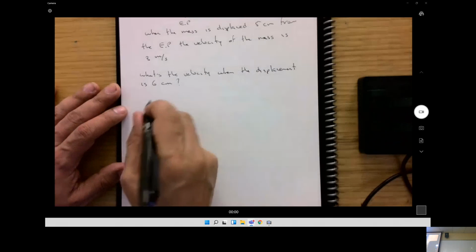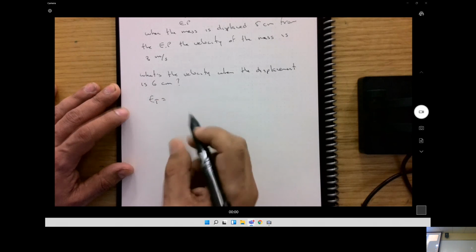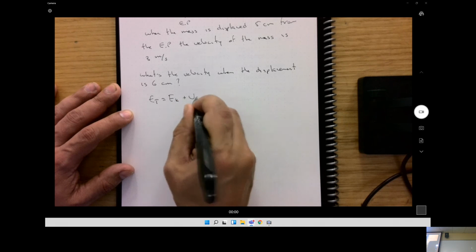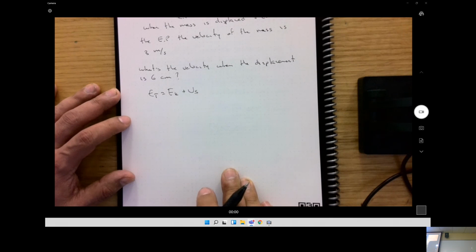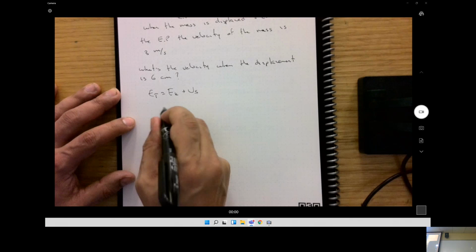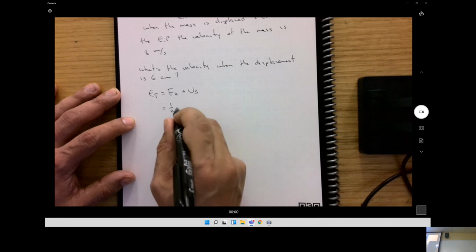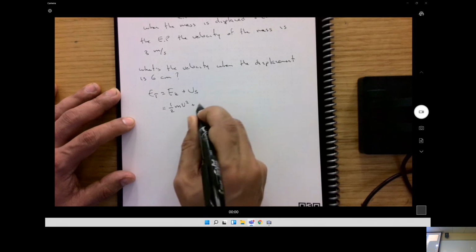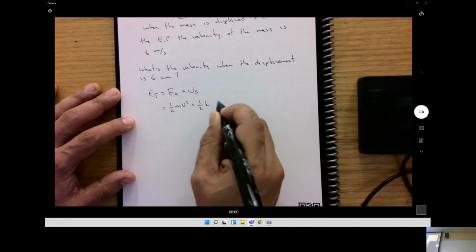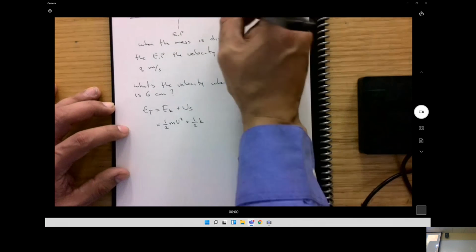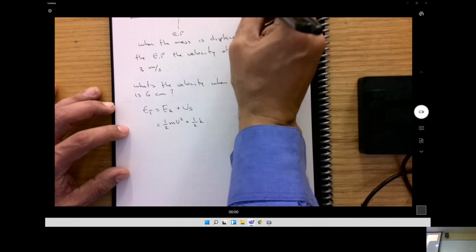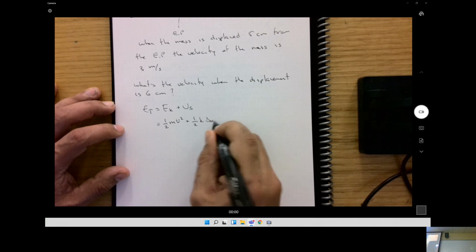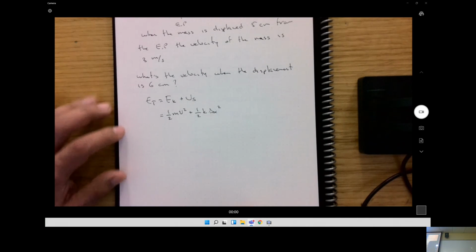Yep. So I'm going to have that the total energy is going to be kinetic energy plus potential energy. So this will be 1/2 of the mass times velocity squared plus 1/2 of k. Oh, I will need to give you k. Let's say that k is 200 newtons per meter. 1/2 of k delta x squared.